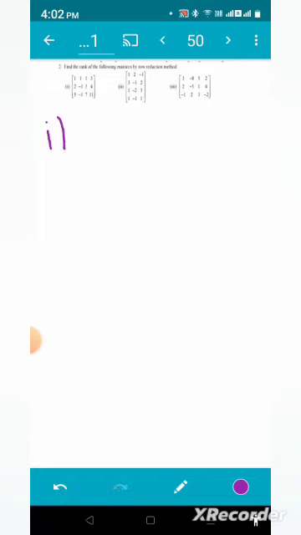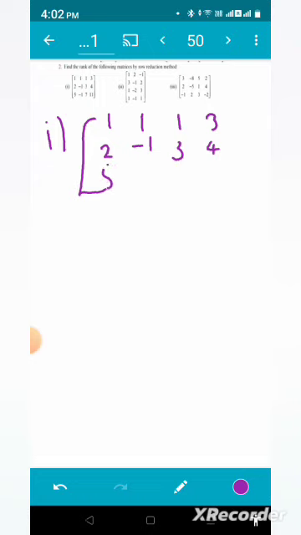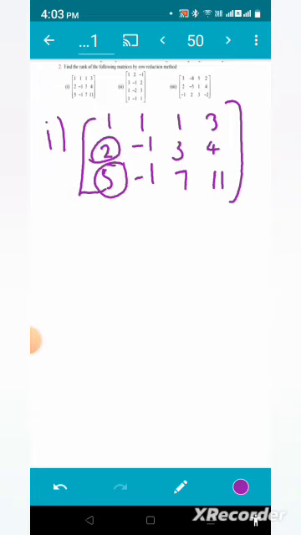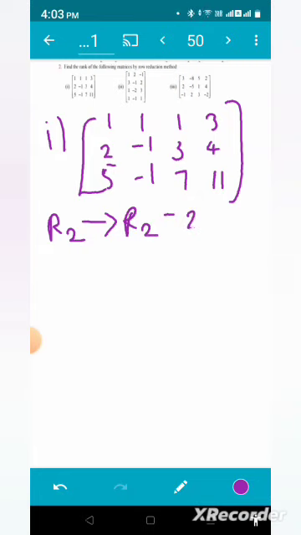First problem is 1 1 1 3, 2 minus 1 3 4, 5 minus 1 7 11. So from this we have to create these two numbers as 0. So we convert R2 gives R2 minus 2R1.